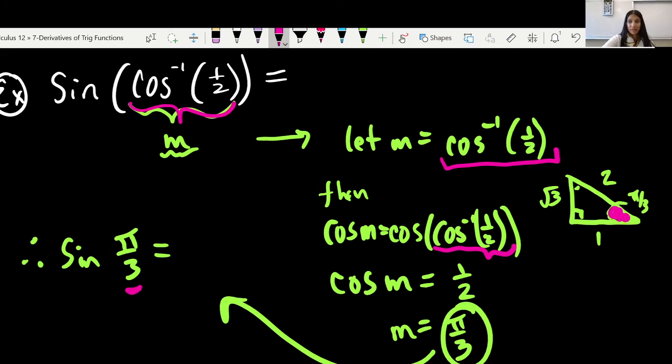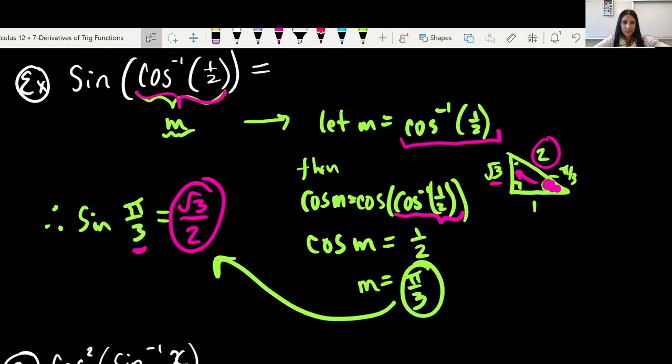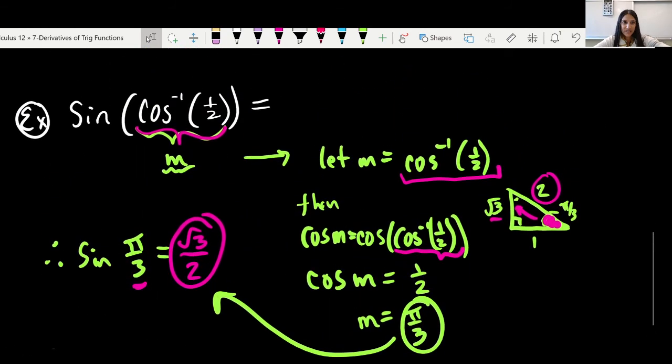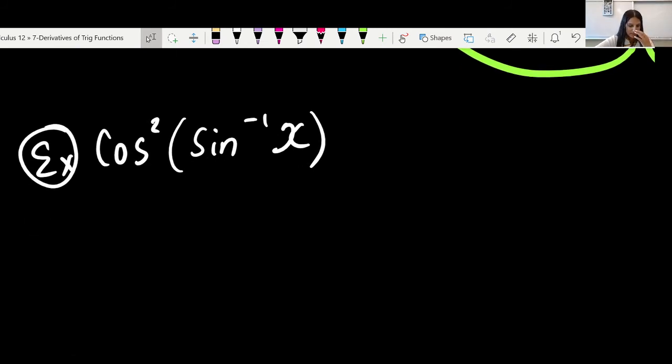If I'm wanting sine of pi/3, I know sine is opposite over hypotenuse, so it'd be √3 over 2 is our overall answer. You might have to pause that and replay it. So that is that example. Let's do another one because I don't know if you got that.